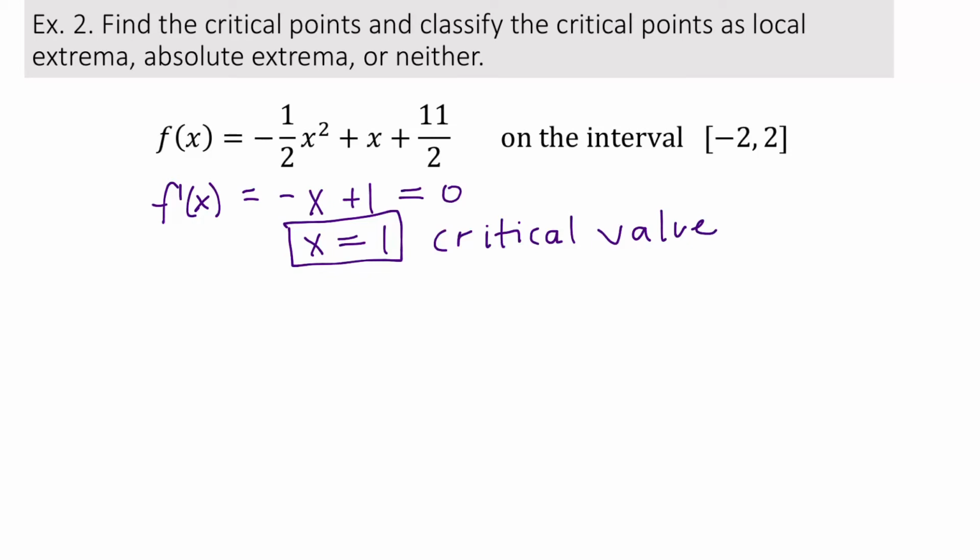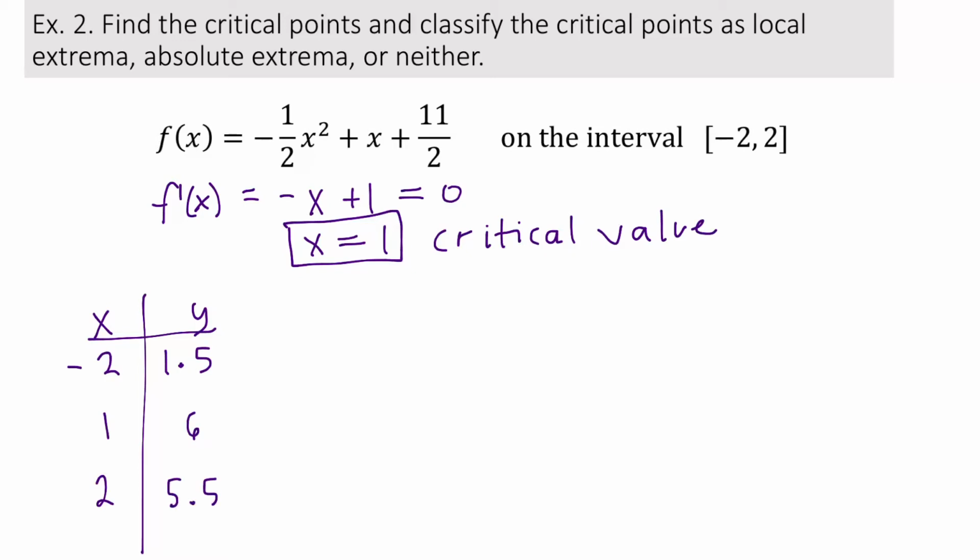So I'm going to make a little table, an x-y table, so I can compare these values. So I'm going to go in order from lowest to highest, negative 2, then 1, then 2. And if I plug those x values into my function, I'm going to get y values 1.5, 6, and 5.5.